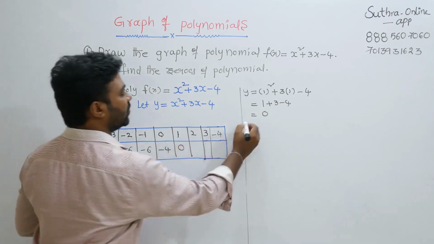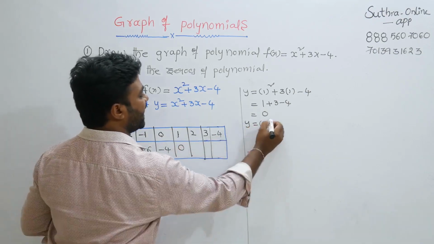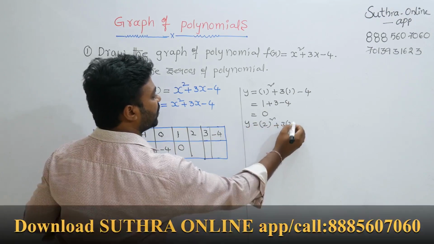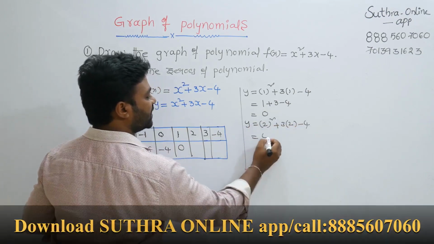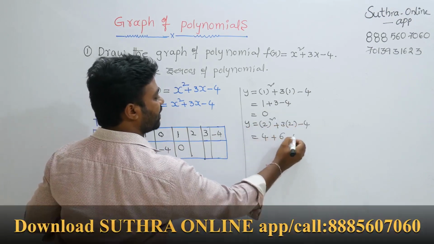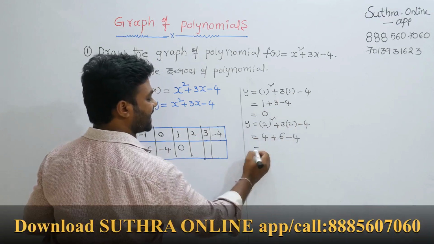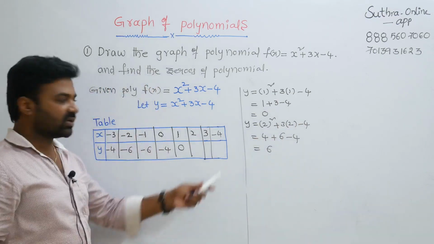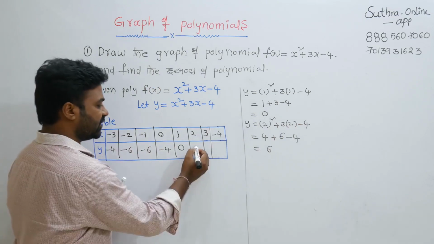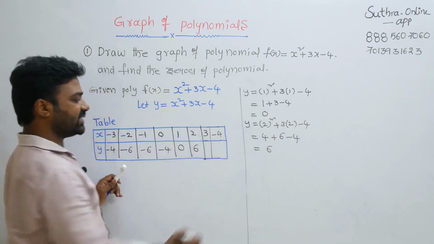Now x equal to 2. So it is 2 square plus 3 into 2 minus 4. Now it is plus 4. 3 twos are 6, minus 4. Plus 4 minus 4 cancel. So y equal plus 6. Again x is equal to 3.